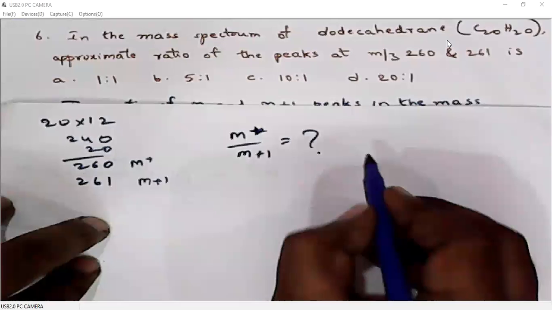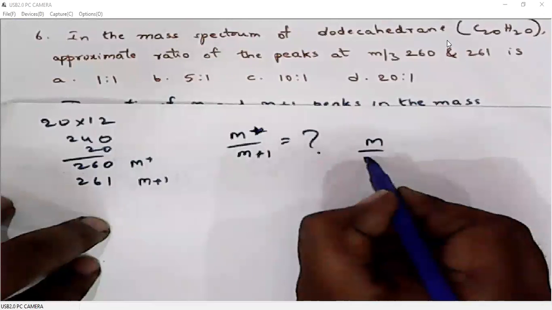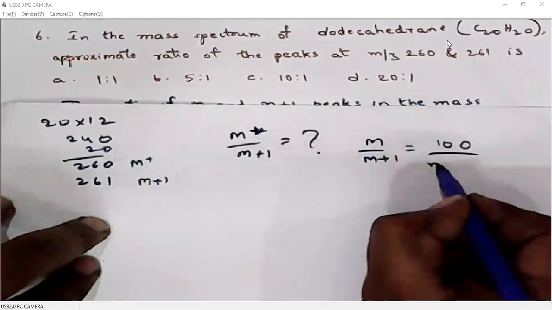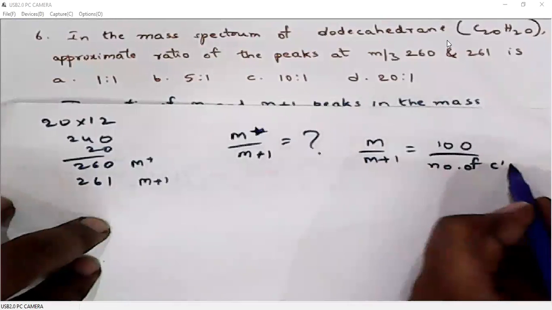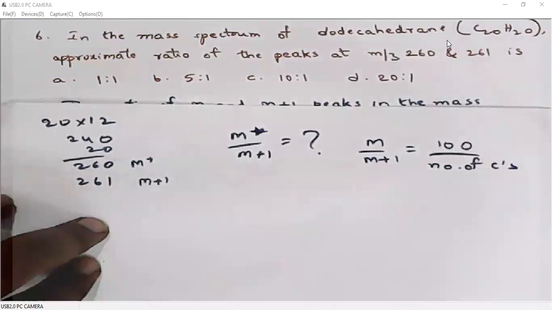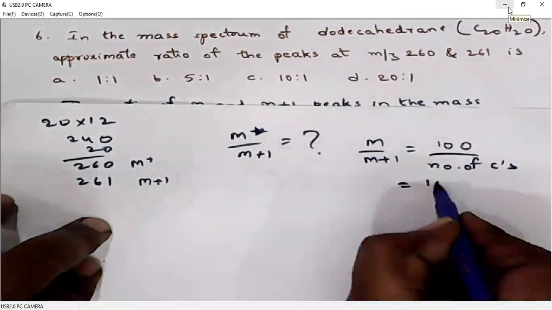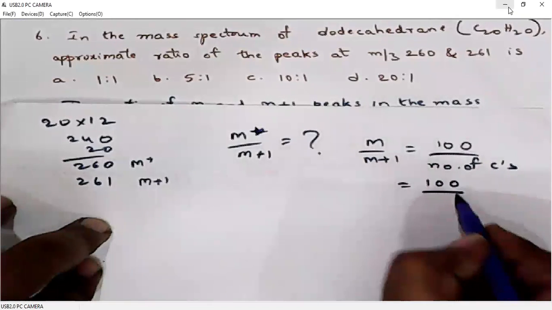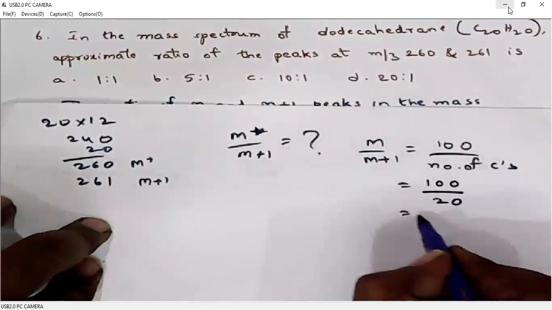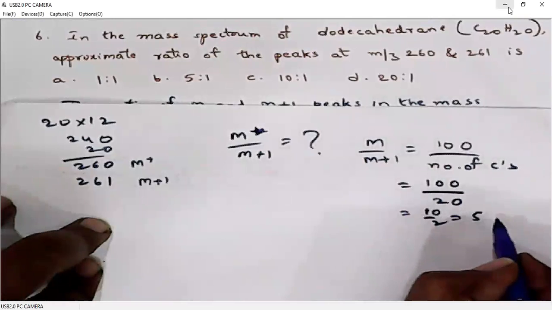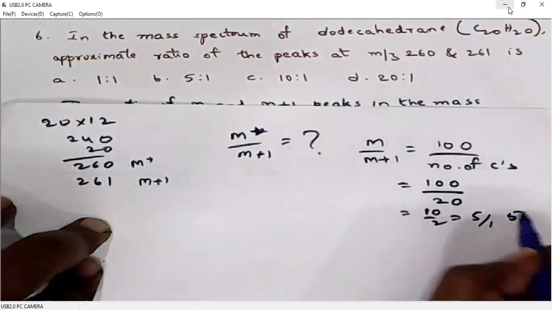The ratio of the M and M plus 1 peak intensities is equal to 100 by the number of carbons. That's it. So here, for dodecahedrane, it is 100 by 20, which is nothing but 10 by 2, nothing but 5 by 1, or 5 is to 1.